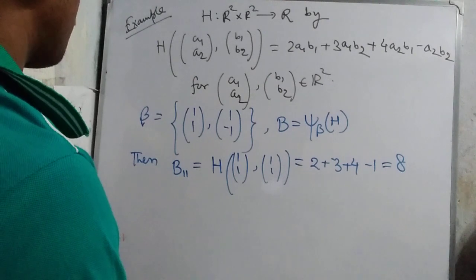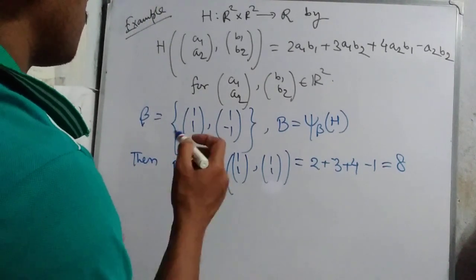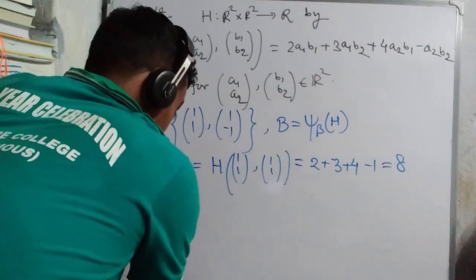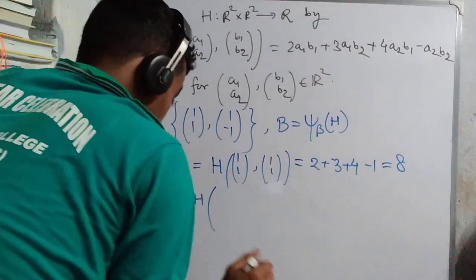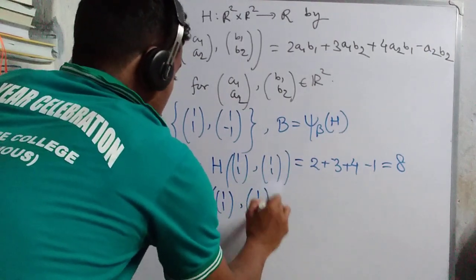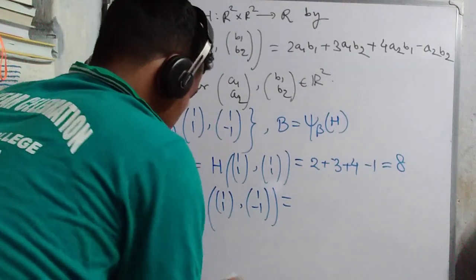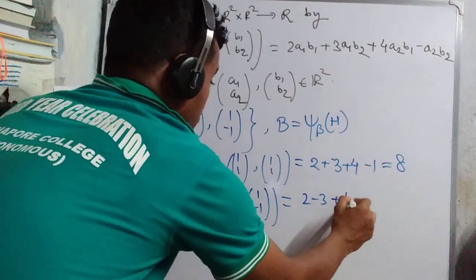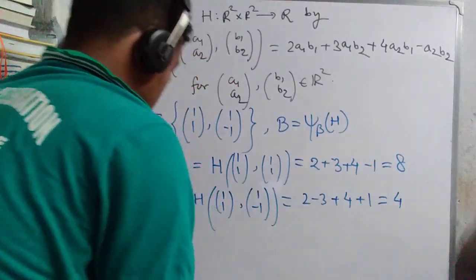B12 equal to H of (1,1), (1,-1), equal to 2 minus 3 plus 4 plus 1, equal to 4.